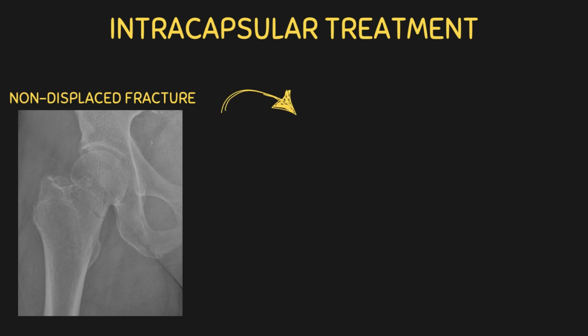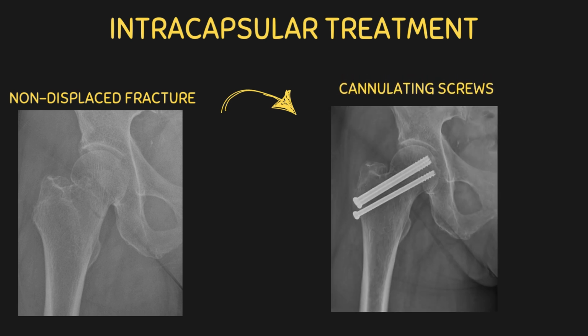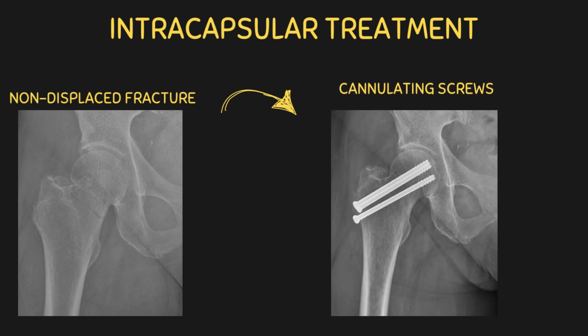Non-displaced hip fractures like this one may be treated using cannulated screws, as shown in this radiograph on the right. This radiograph belongs to the same patient who suffered the fracture on the image on the left-hand side, and we can see how the cannulated screws have been inserted in order to stabilize the fracture through the healing process and maintain alignment.